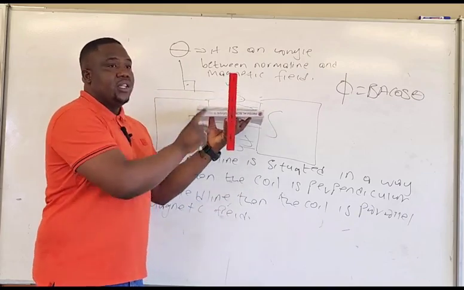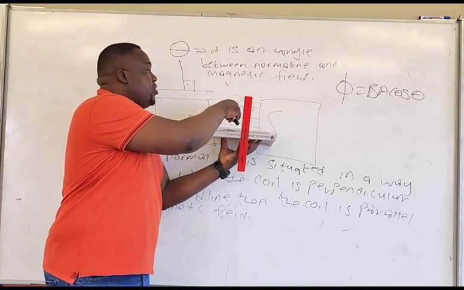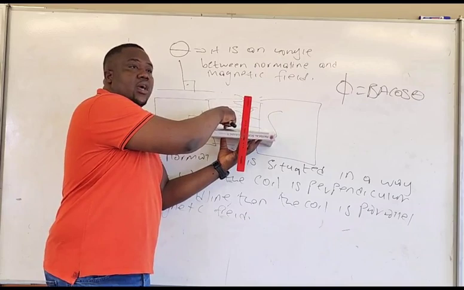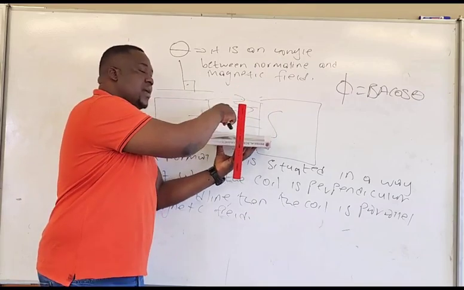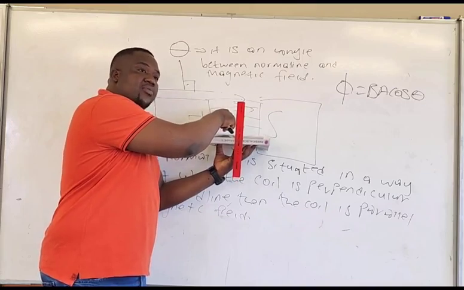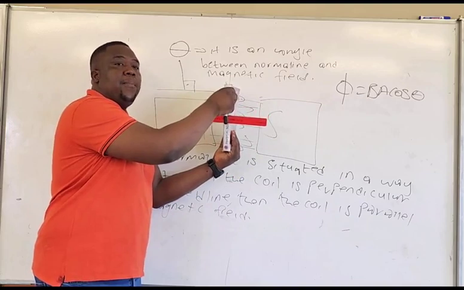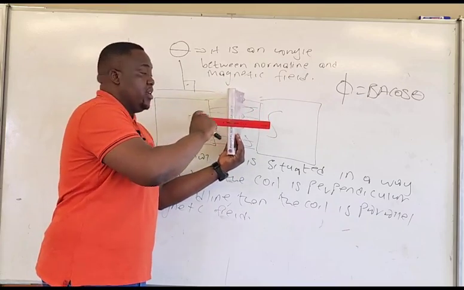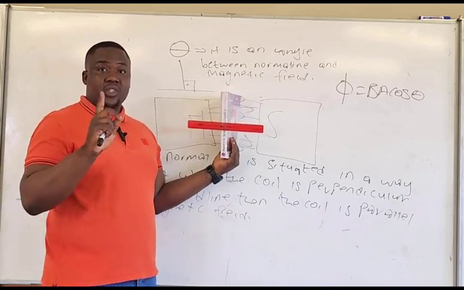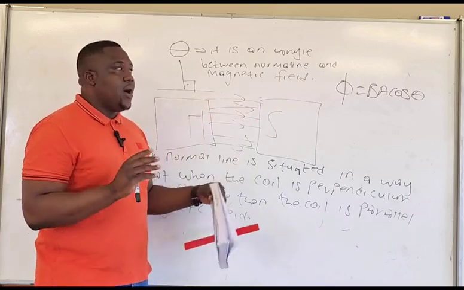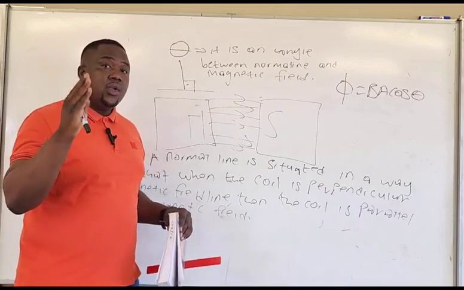If the coil is parallel to the magnetic field line, as you can see, the lines which are created by a magnet, then the normal line is perpendicular to the magnetic field line. Can you see the relationship between the book and the ruler? When the coil turns and it becomes perpendicular to the magnetic field line, then the normal line is parallel to the magnetic field line. It is very important for you to know and take note of that.